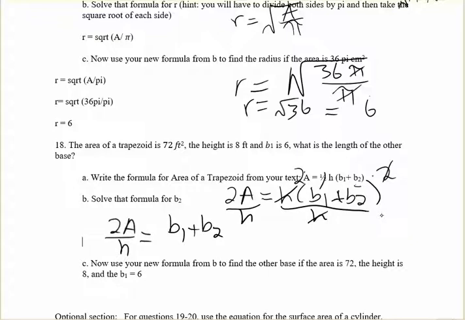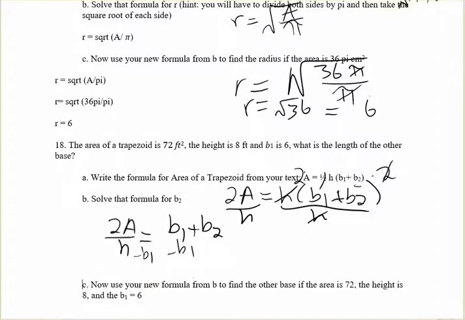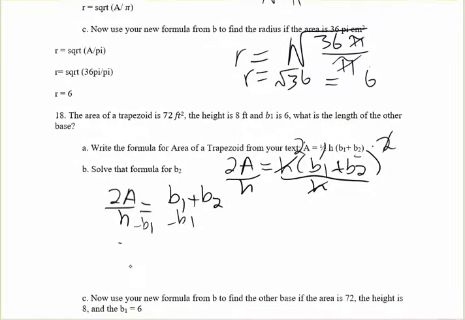And I'm trying to solve for b sub 2, so all that needs to happen next is we need to subtract the b sub 1 from both sides. So what we're left with now is 2a divided by h, and then subtract b sub 1, that will be equal to your b sub 2.